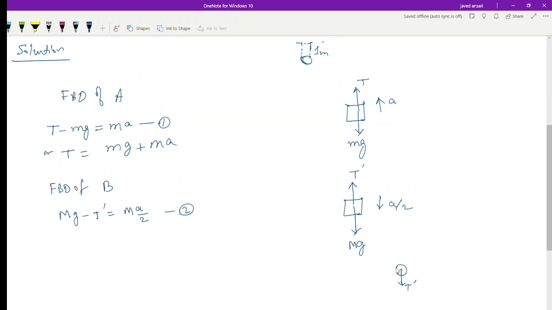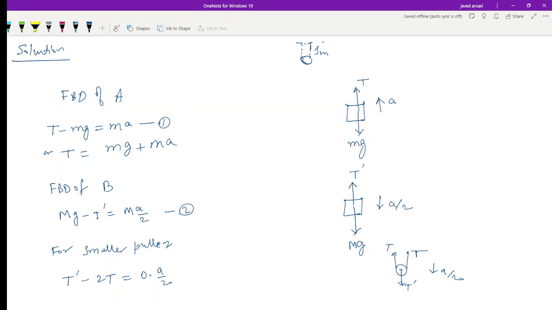And on this side we have T upward and T upward. Since the pulley is massless, though the pulley is moving downward with an acceleration a by 2, for the smaller pulley, let's say T dash downward minus 2T upward equal to 0. Mass is 0, times a by 2, this is 0. It means T dash equal to 2T, right?